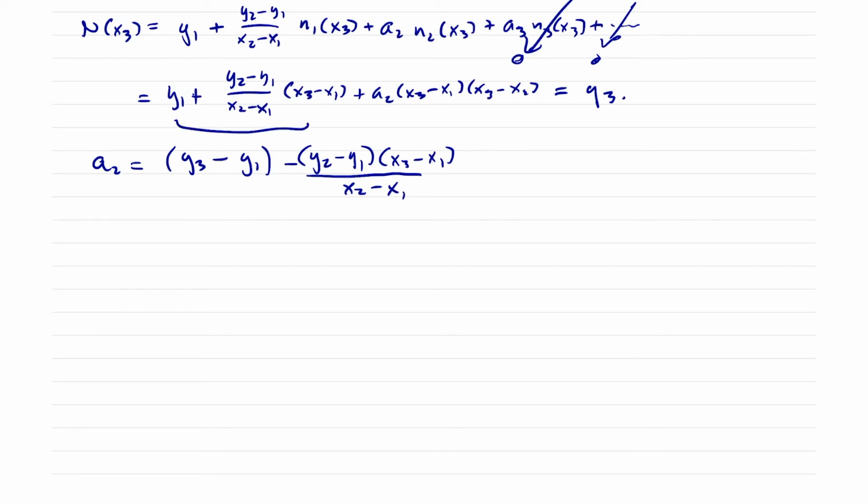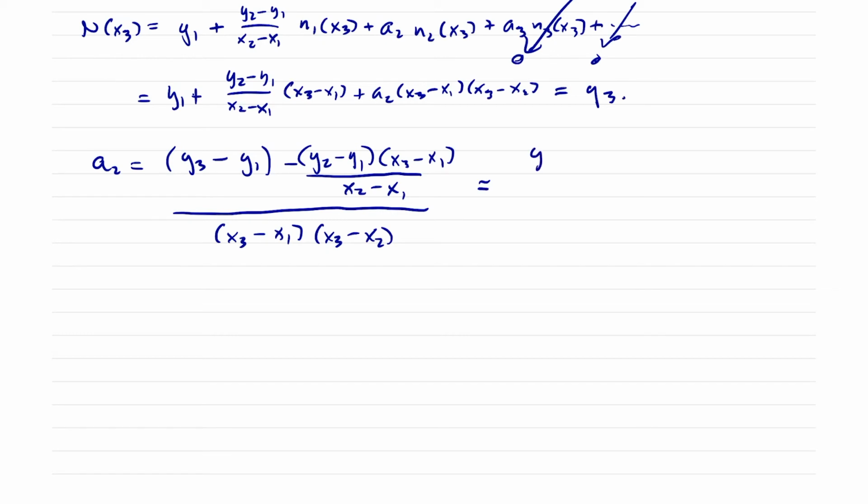Okay, so we move these two over, and now we need to divide by x3 minus x1 times x3 minus x2. And let's see, what do we get?